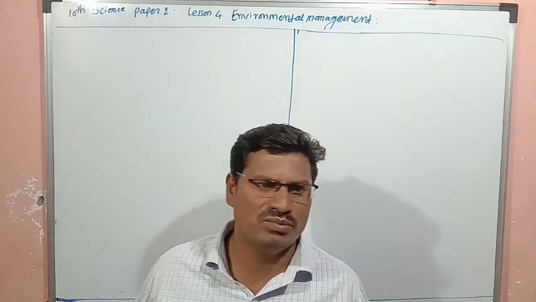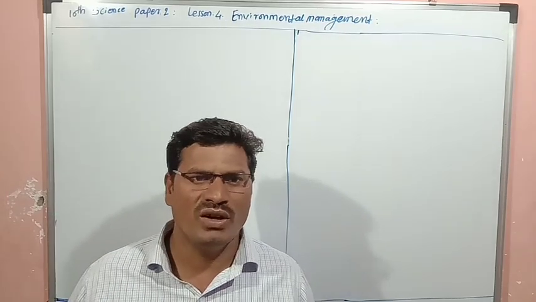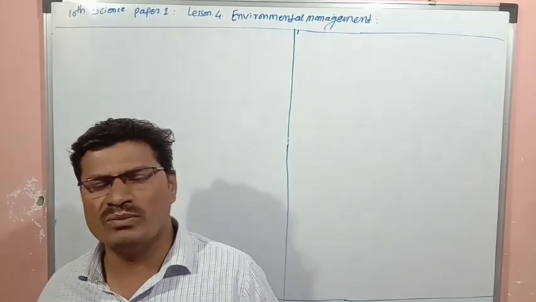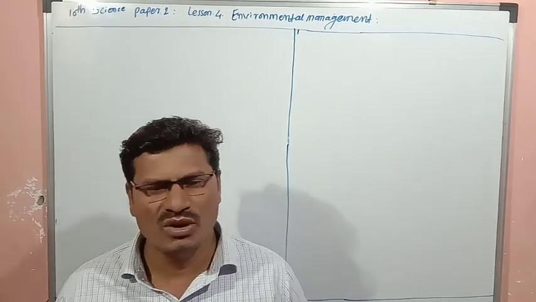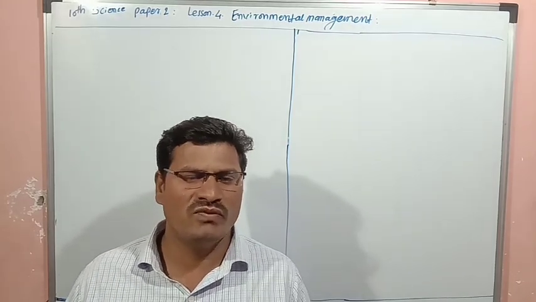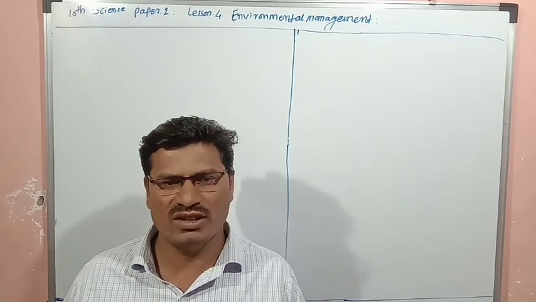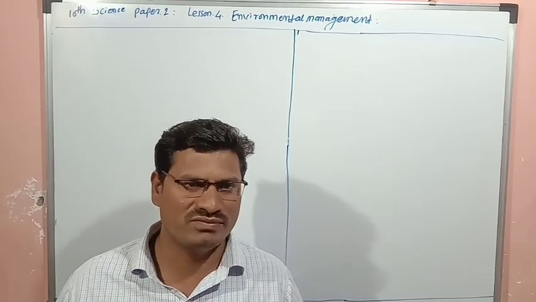In that, the first question is: what is an ecosystem, and which are the different components of an ecosystem? For understanding the ecosystem, you should know different concepts. In 4th standard you have studied what is meant by environment.